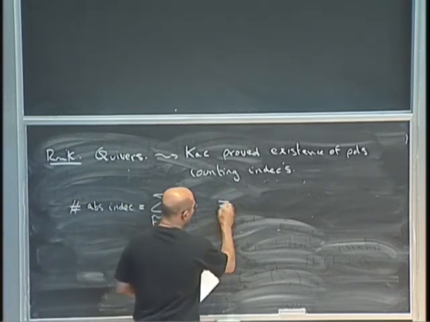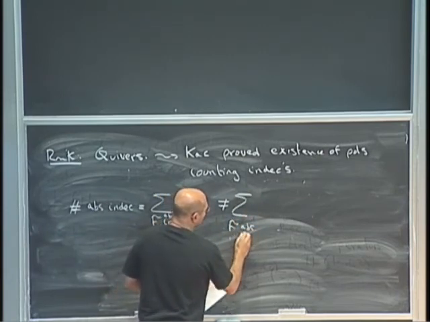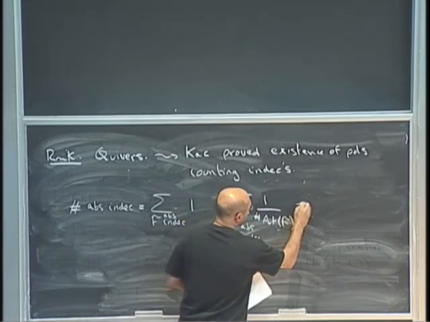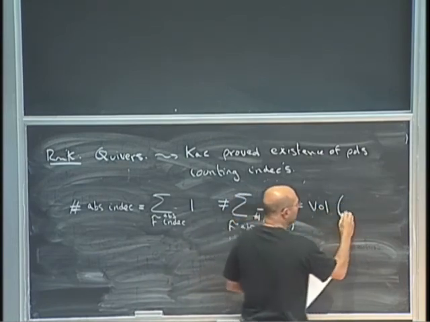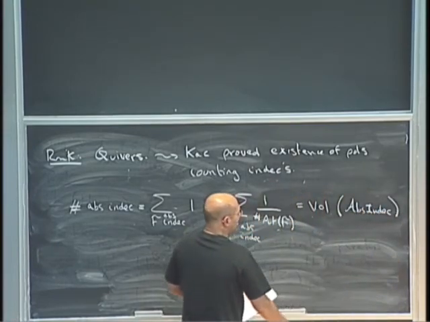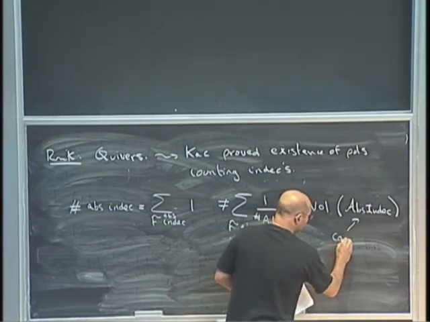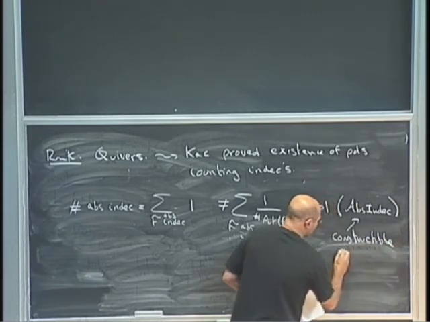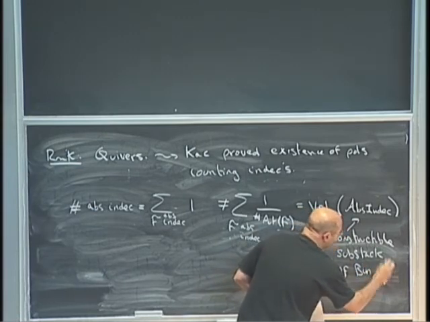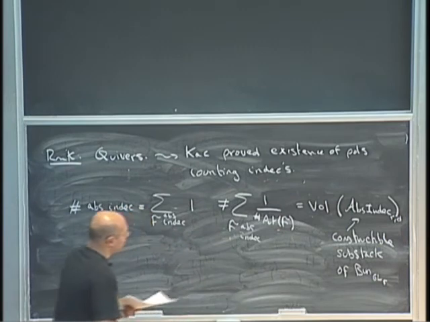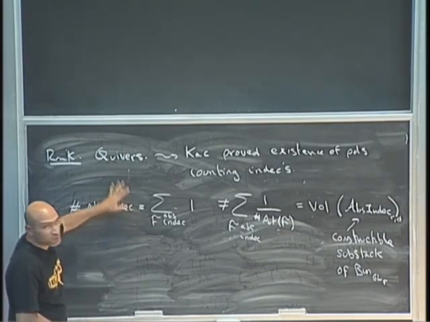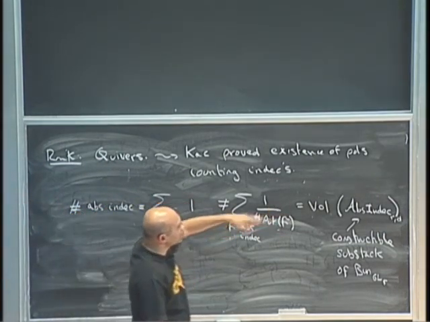And this is not the same as the sum over all absolutely indecomposable F of 1 over the number of automorphisms of F, which would be the volume of the substack of, let's call it, absolutely indecomposable, and this would be a constructible substack of Bun, GL R, R, D. So here you're claiming that the number of absolutely indecomposable bundles behaves like the number of points of some algebraic variety, which would be very pure and so on.